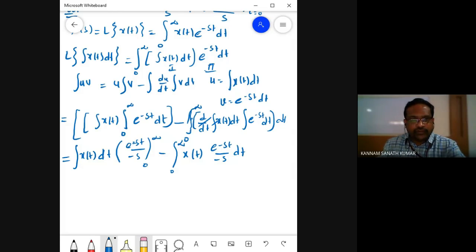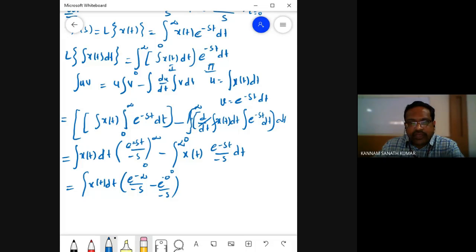So if you apply the relation, what you are getting: integration x of t dt into e power minus infinity by minus s, minus e power 0 by minus s.